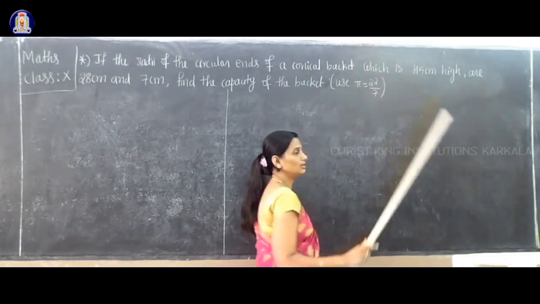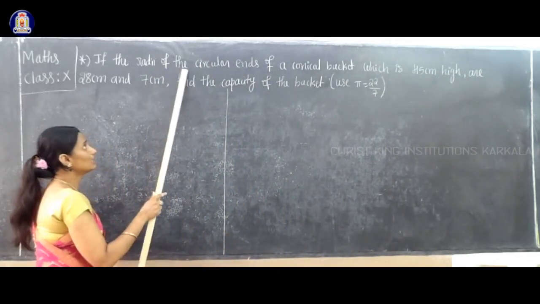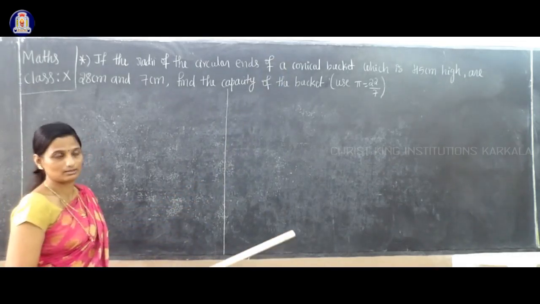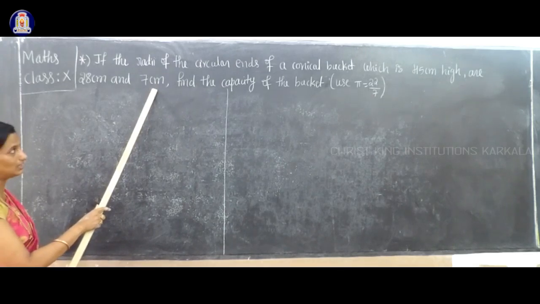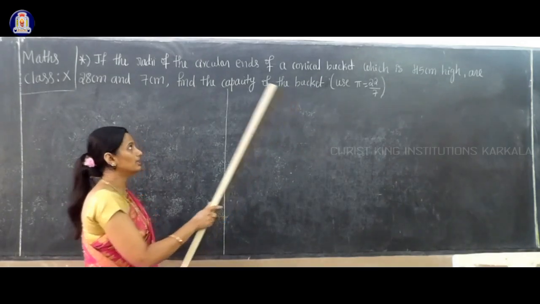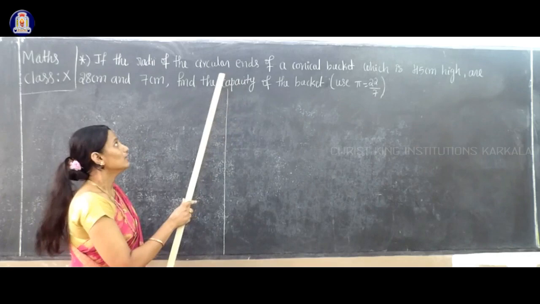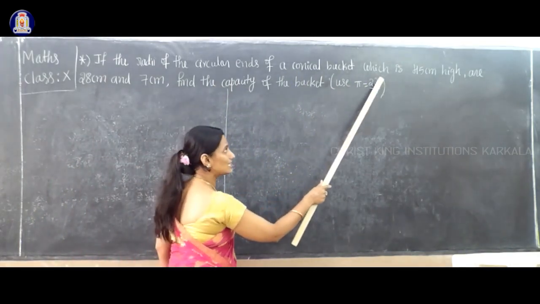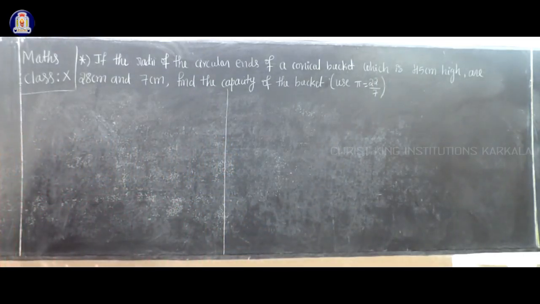Find the capacity of the bucket, which means find the volume of the bucket. Use pi is equal to 22 by 7.